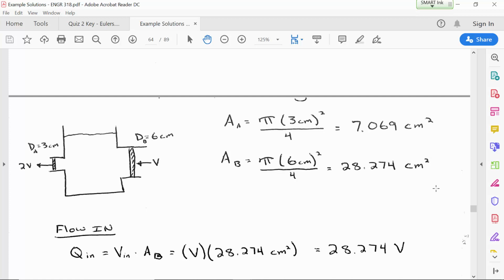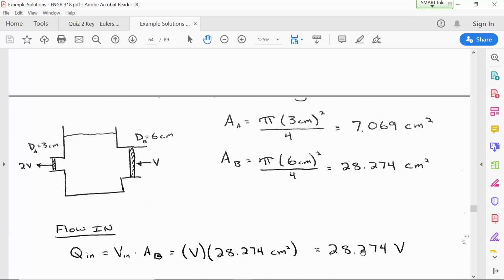So we can still look at flow in and flow out. If we don't have absolute velocities, we can just use these variables V and 2V in place of a specific number for the velocity. So let's say that we stick with V and we want to find the volumetric flow in. So it would be V times the area.